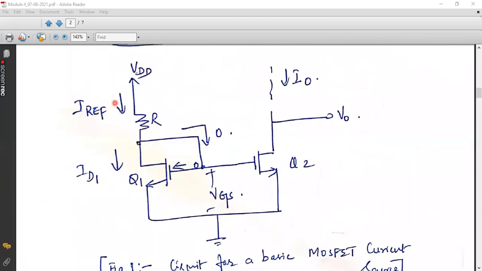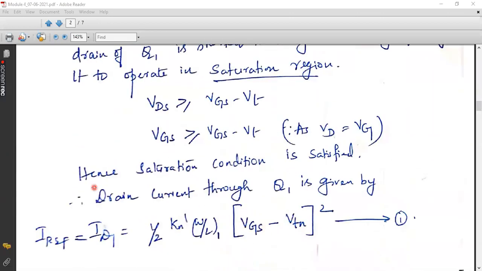Because the current I reference, generated by using this capital R, will be the same as ID1 flowing through Q1, because you can't expect any current to flow from drain to gate, as the potential difference between the drain and gate is 0. And the gate offers an infinite input impedance, so I reference will be equal to ID1.